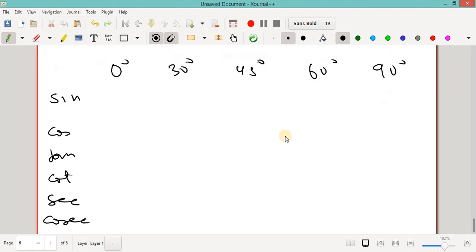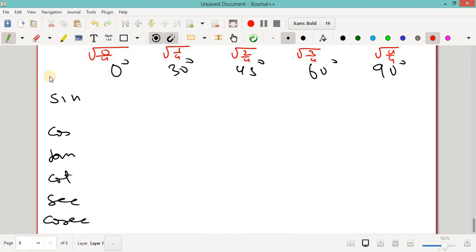Suppose this is 0, 1, 2, 3, 4. There are 4 of them. So what I'm going to do is write here root of 0 by 4, for this root of 1 by 4, for this root of 2 by 4, for this root of 3 by 4, and for this root of 4 by 4. Done. This is for sine.